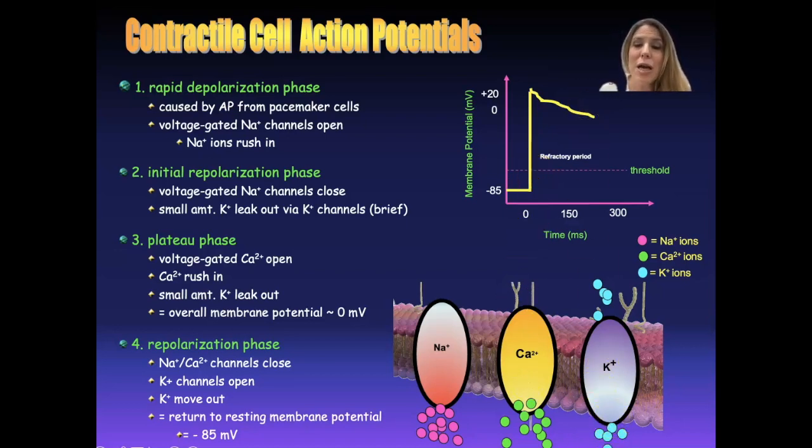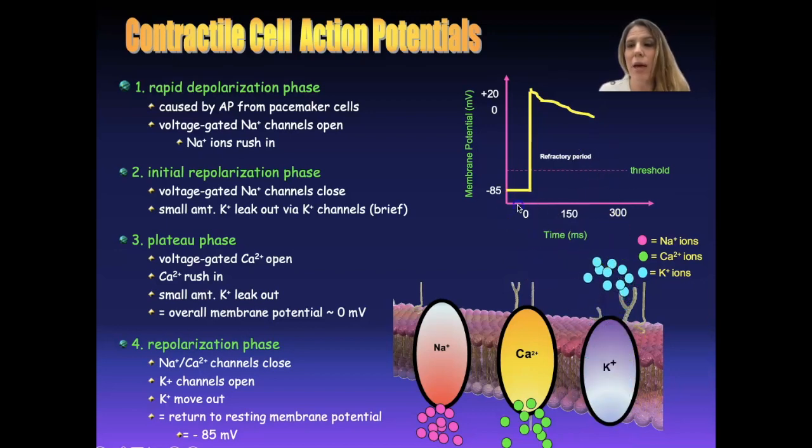So calciums came in, the channel is closed now, no more calciums coming in. And now the potassium channel is going to open, and all these potassiums are going to rush on out. That's going to drive that membrane potential way down very fast at this point, because you've just lost a lot of positive charge from the inside all at once.